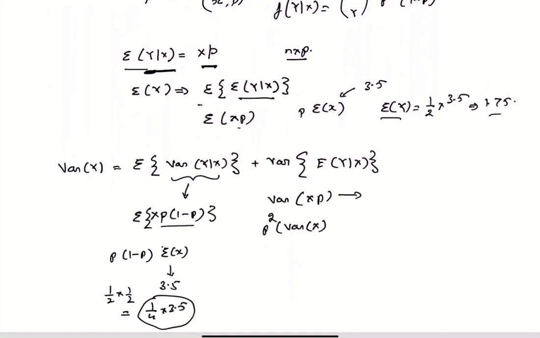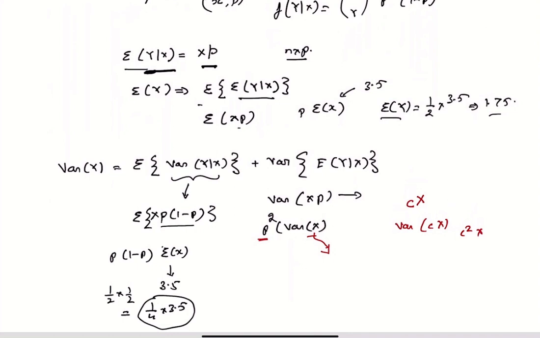So here is another concept. When we have a random variable x and we multiply it by c, the variance of cx is going to be c square times the variance of x. So the c square comes out and it becomes the variance of x.